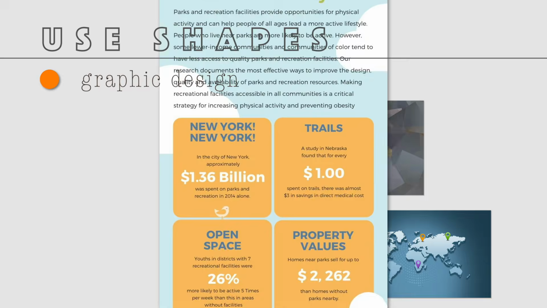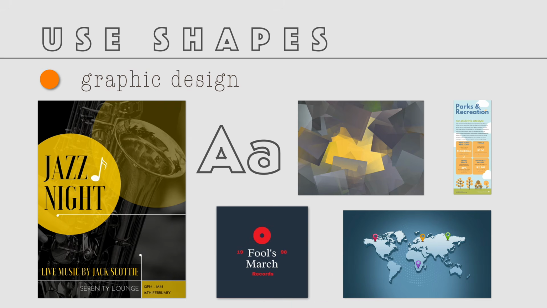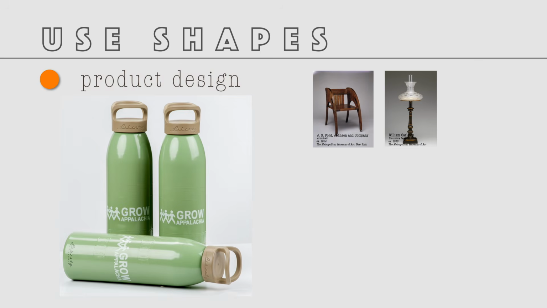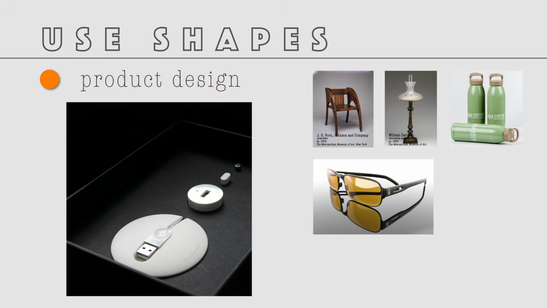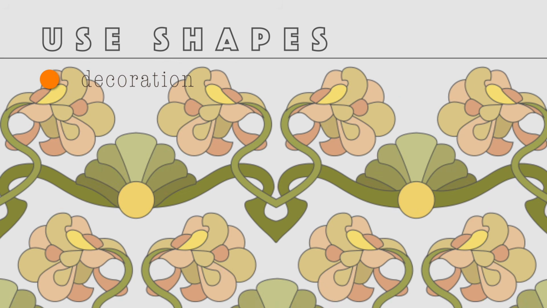Graphic designers use shapes as one of their main tools to symbolize ideas, to create layouts and logos, to design typefaces, or to emphasize important points. Every product you see and use has a form that a designer worked on. Shapes are great for decoration and creation of patterns, for textiles, for example.